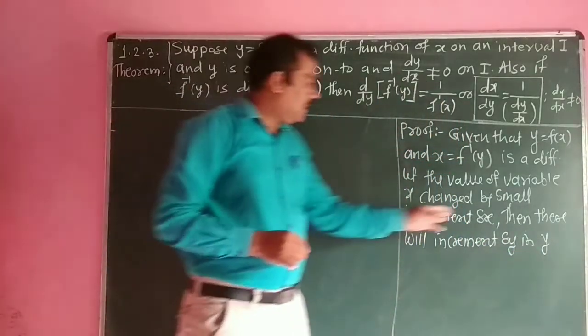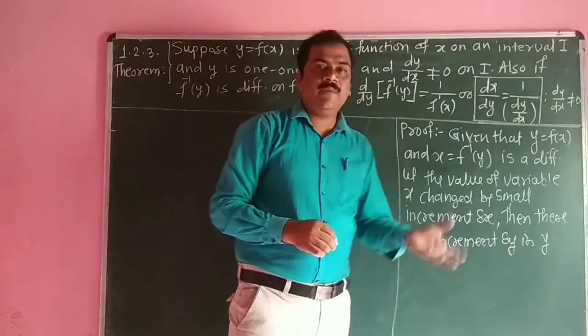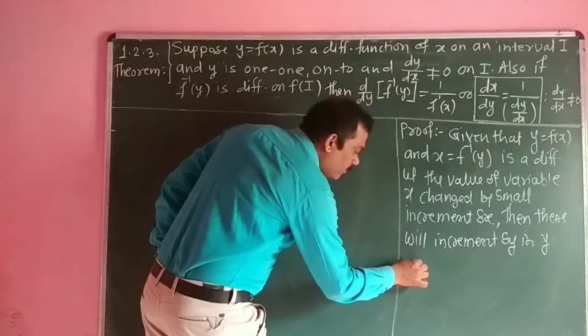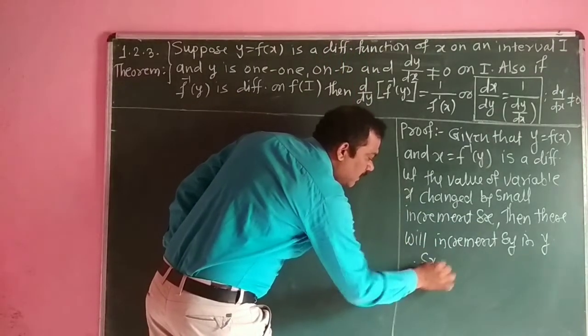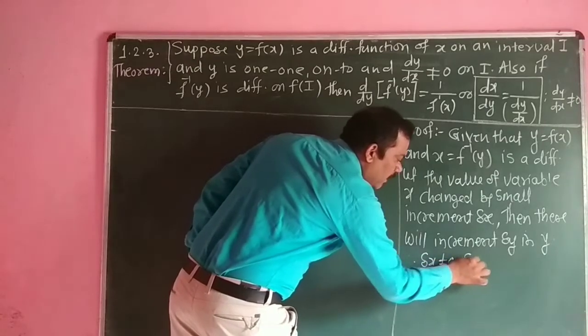As delta x and delta y are the increments, delta x can never be 0, and delta y can never be 0.